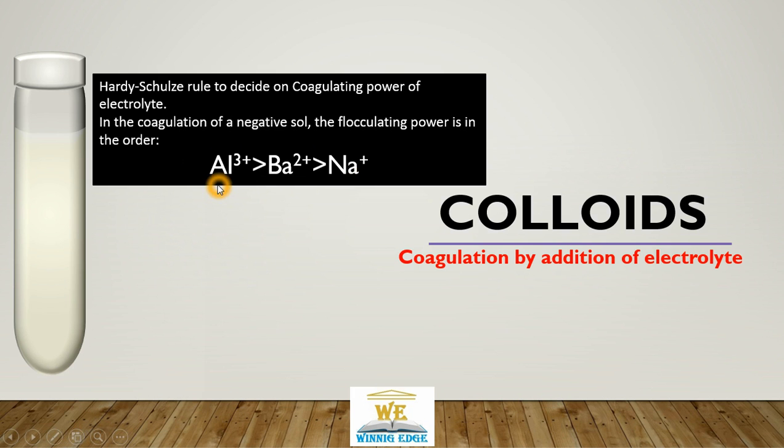For example, aluminium having a 3 positive charge has a higher flocculating power than barium 2 positive ions, which in turn has a greater flocculating power than sodium ions.